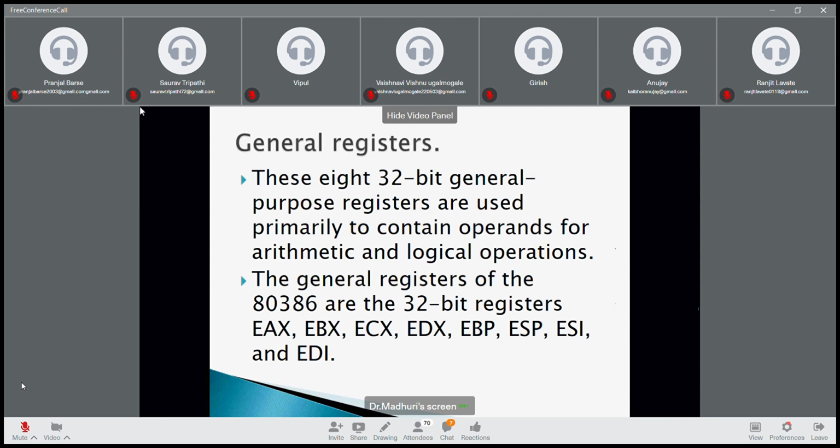E for extended. Whenever there is a 32-bit processor, that means the data size of the processor is 32 bits, that means extended. And for the 8086 it is AX only, BX only, CX only.